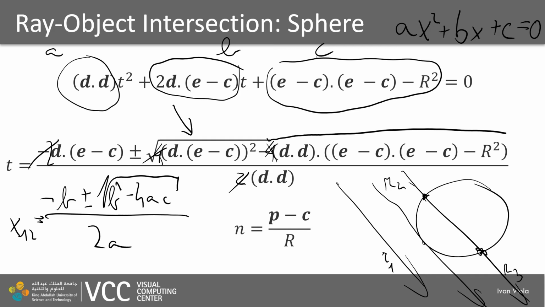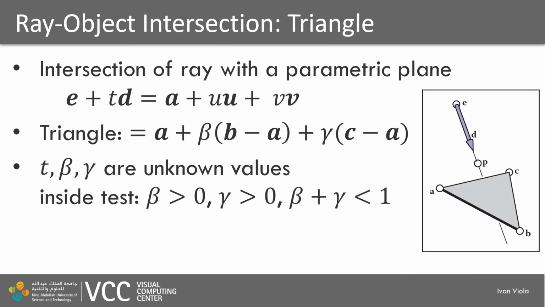We are interested in the value where the ray enters the sphere, because that's the first intersection point. Then we get a particular t value, and we can go back to our linear parametric equation and find out the particular point corresponding to that already calculated parameter t. And then we will have the intersection between the ray and the sphere.